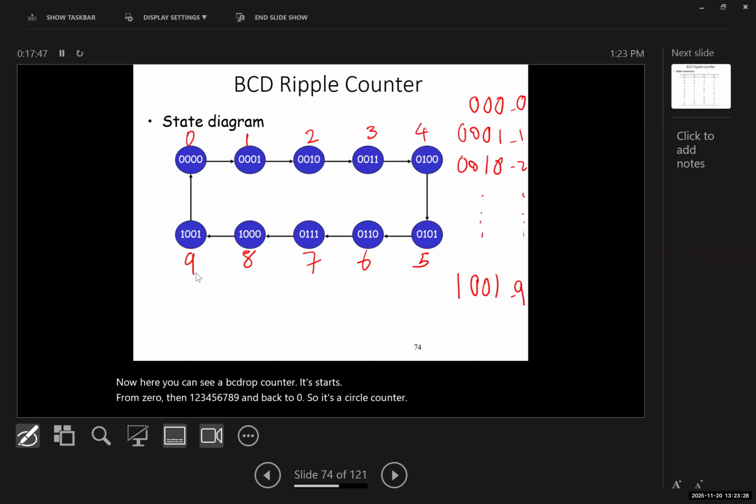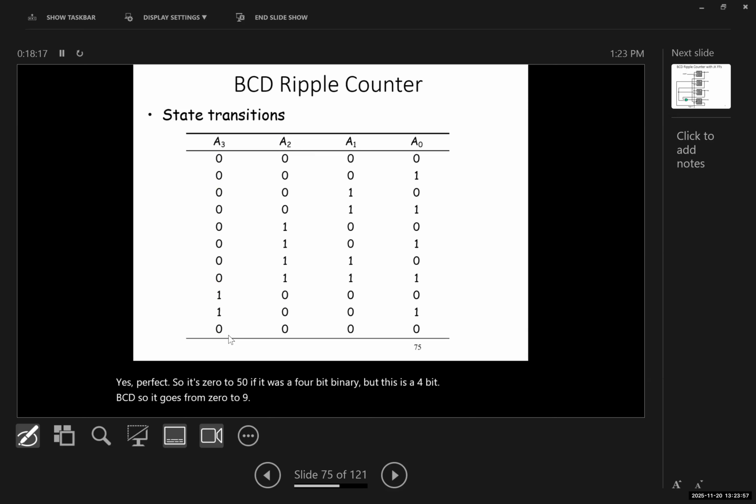If this was a 4-bit binary counter, it would go from 0 to 2 to the power of 4 minus 1, which is? Yes, perfect. So it's 0 to 15. If it was a 4-bit binary, but this is a 4-bit BCD. So it goes from 0 to 9. Is it clear?